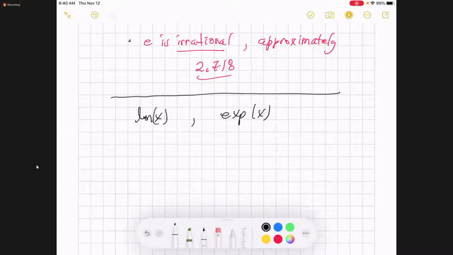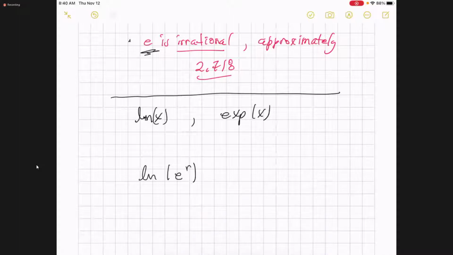Also, we know that ln of e to the r, where e is a special number. It's like pi in a way. Okay, when I write e, I mean this number. So I won't use anything else.